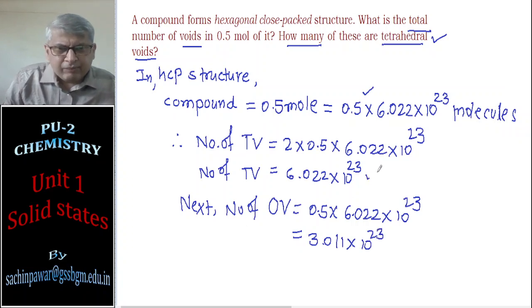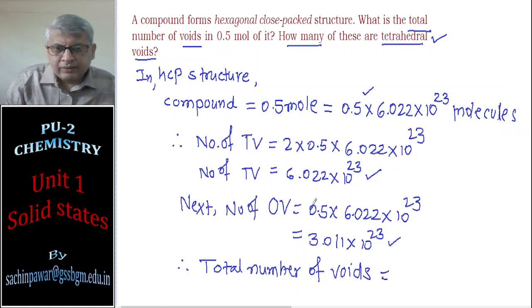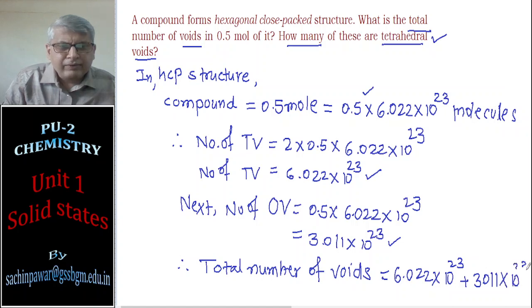And since we have the number of tetrahedral voids and the number of octahedral voids, the total number of voids will be equal to this plus this, that is 6.022 into 10 to the power 23 plus 3.011 into 10 to the power 23.